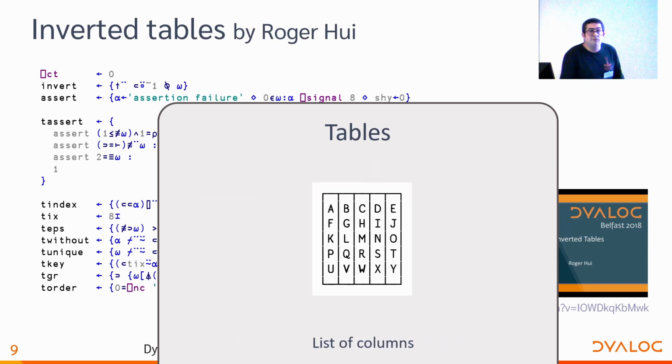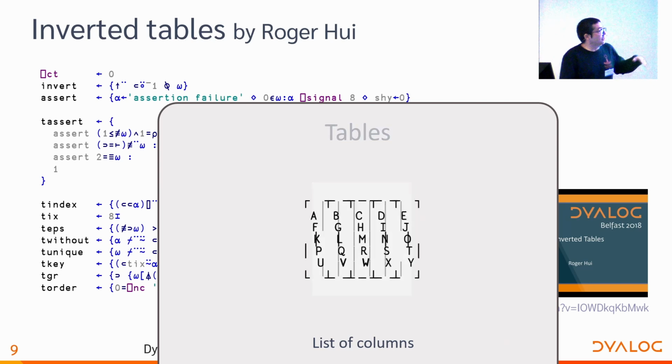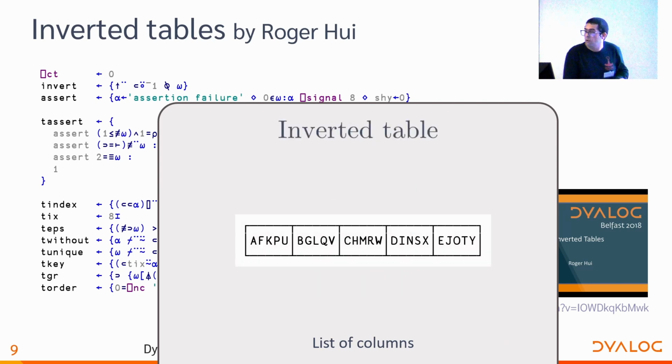If we have a list of columns and represent it as a list of vectors, this is what we call an inverted table. And if you are working with columnar data, this is usually a much more efficient way to deal with them than having a rank 2 array.